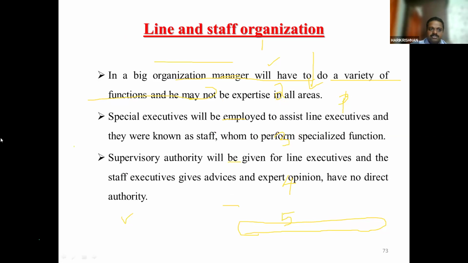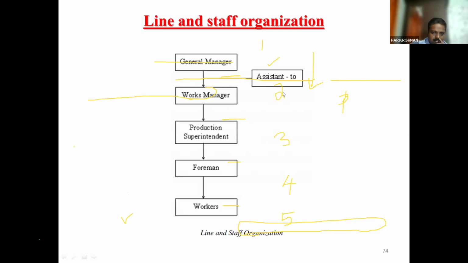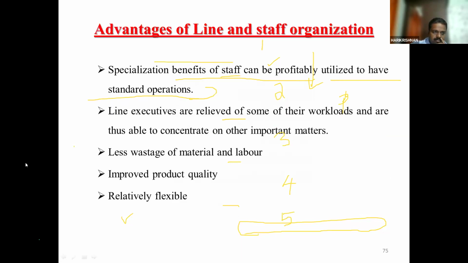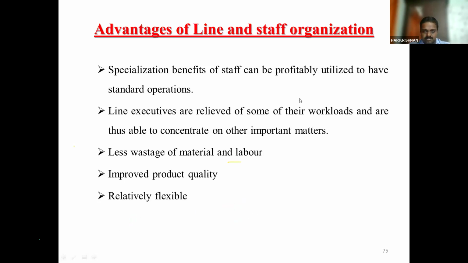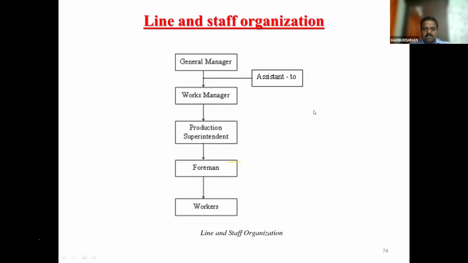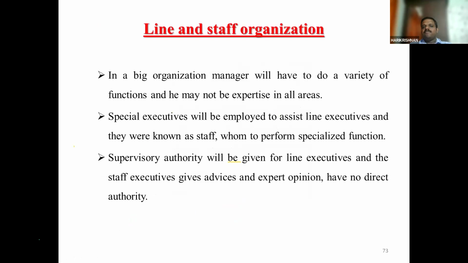So when it comes to line and staff organization, it is a big organization.